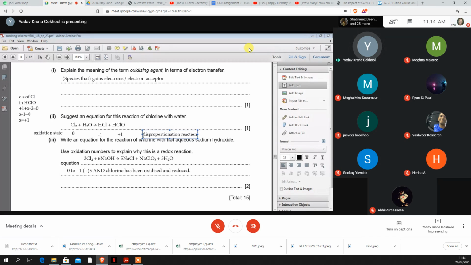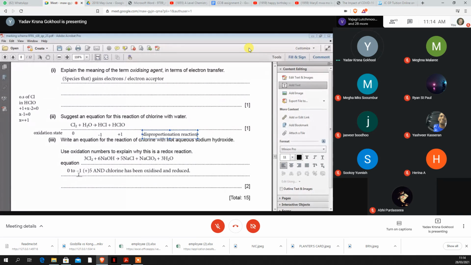In fact, for this disproportionation reaction, Cambridge has given another question where you have to write again the equation and then talk about it, where you can see from chlorine, which is here 0, here it is -1, here it is +5.